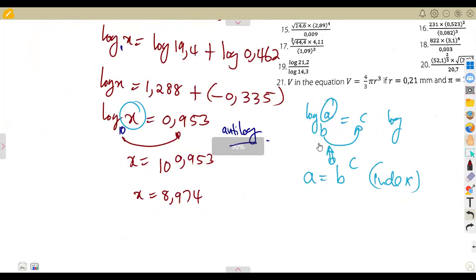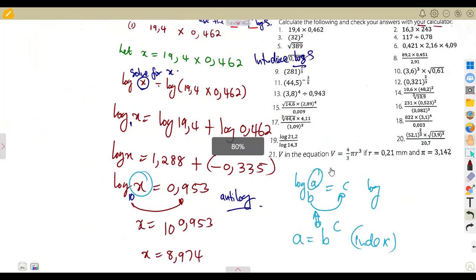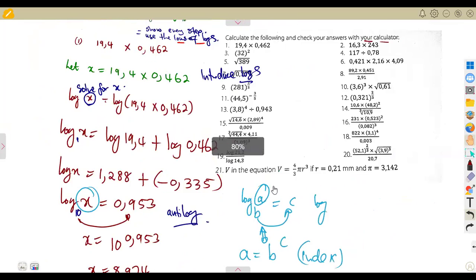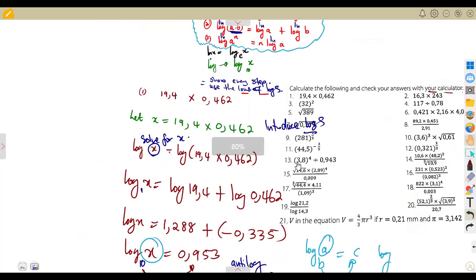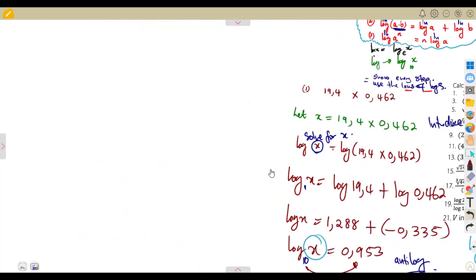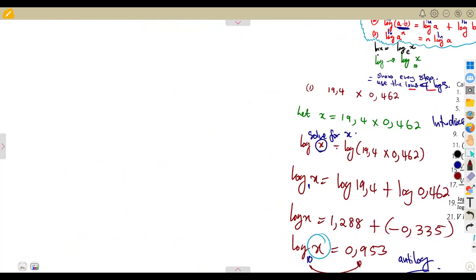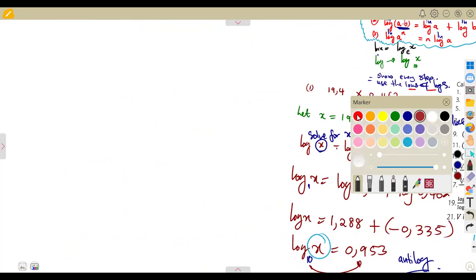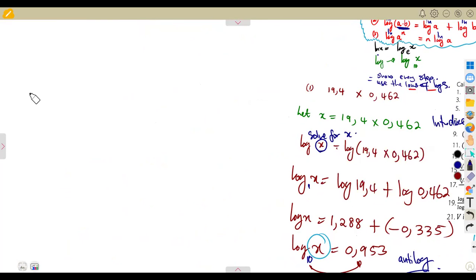So you are going to see that we could have used the ln in place of this logarithm. So meaning to say, if we were using the ln, which is the Napierian logarithm, you're going to introduce the ln.